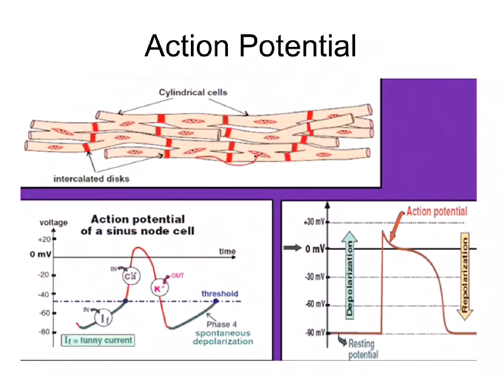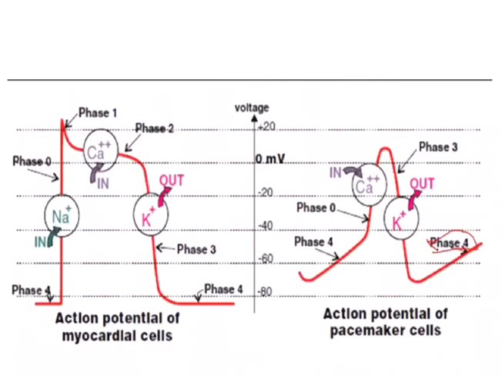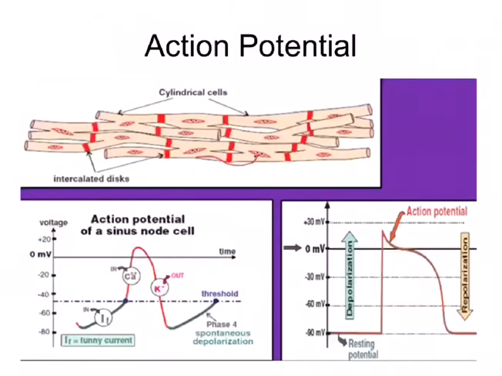That is, they have funny channels. These are the funny channels through which the funny current flows. When the potential is about minus 80 to minus 60, the funny current flows, and its positivity starts increasing.